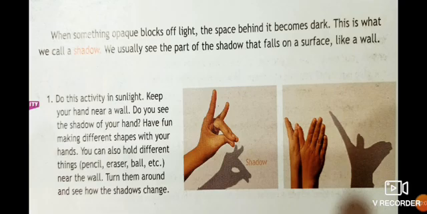You can do this activity in sunlight, during daytime. Keep your hand near a wall. Do you see the shadow of your hand? Yes, have fun making different shapes with your hands. You can also hold different things, a pencil, eraser, ball, keychain, small things or big things, and you will get a shadow of it.